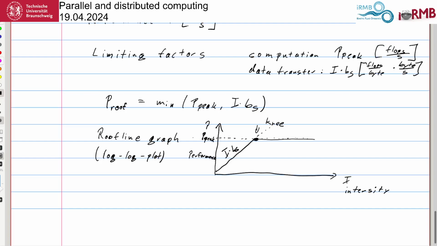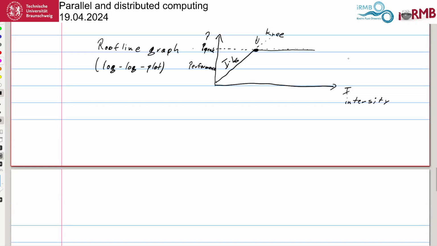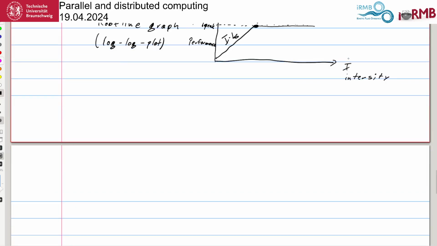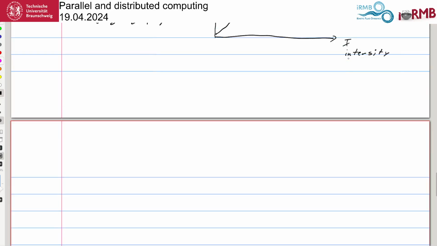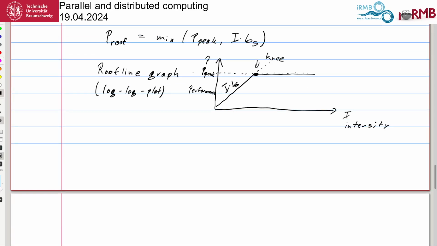Okay. So this is how this plot looks. Let me go to the next page here. Have you drawn this? Then I go to the next page. Okay. Sorry, what does that mean, log plot? This is a log plot. So you plot the intensity logarithmically and you plot the performance logarithmically.